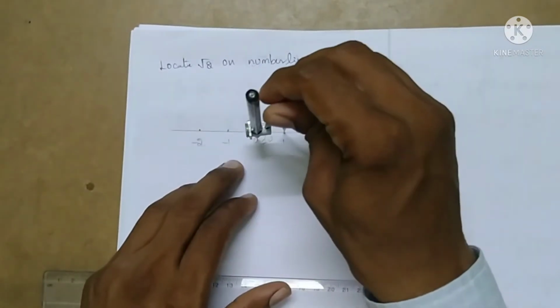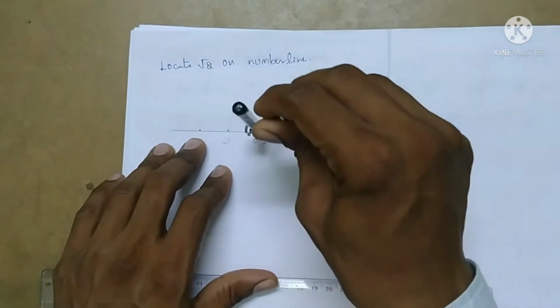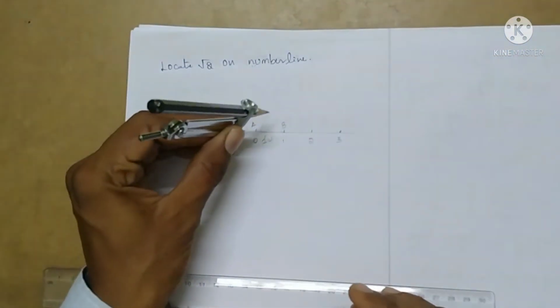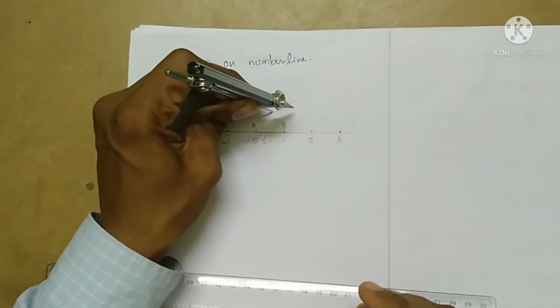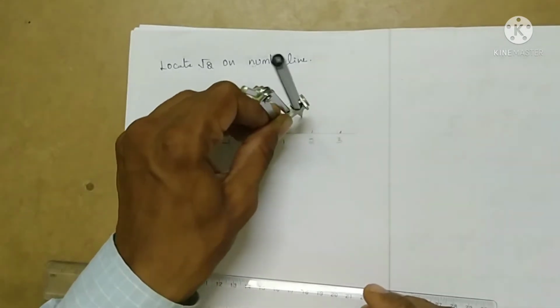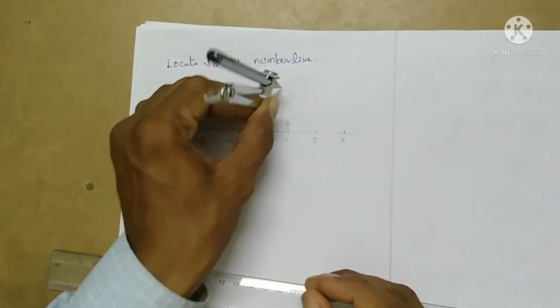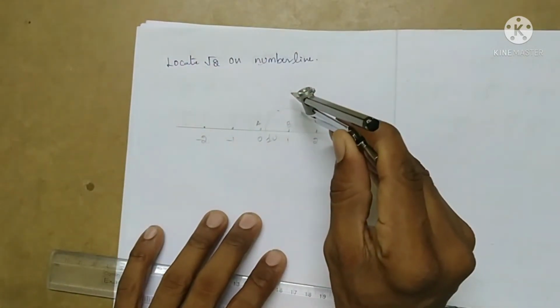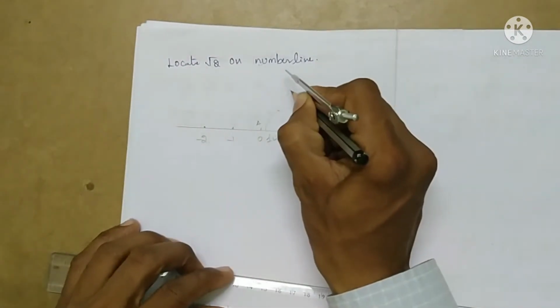I can try with a compass. The angle bisector of 60 and 120 is 90, right? This is 90 degrees.